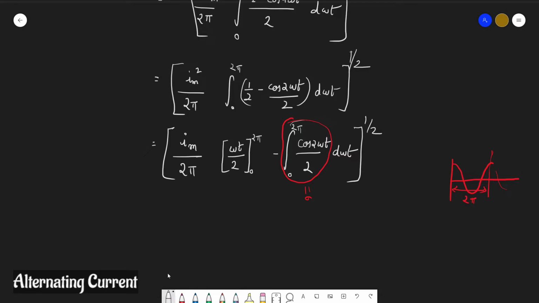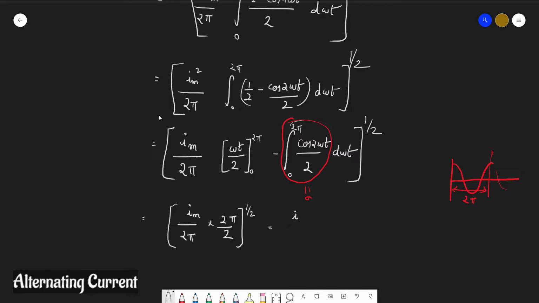So ultimately we will be left with Im squared by 2 pi, and if I put the limits, you will be getting 2 pi by 2, whole under root. So 2 will be cancelled, pi will be cancelled.